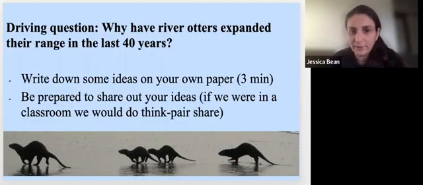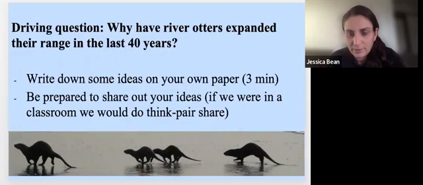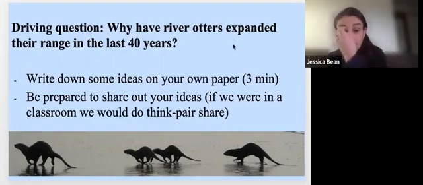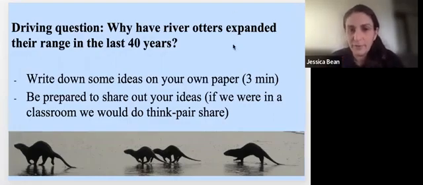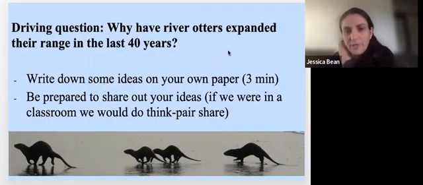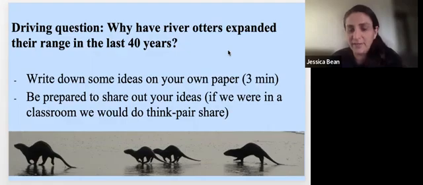Disease, okay, interesting. Water pollution. Great, so now we're getting some more, and maybe air pollution, closer to human food they might be eating. More otters, more competition, interesting.